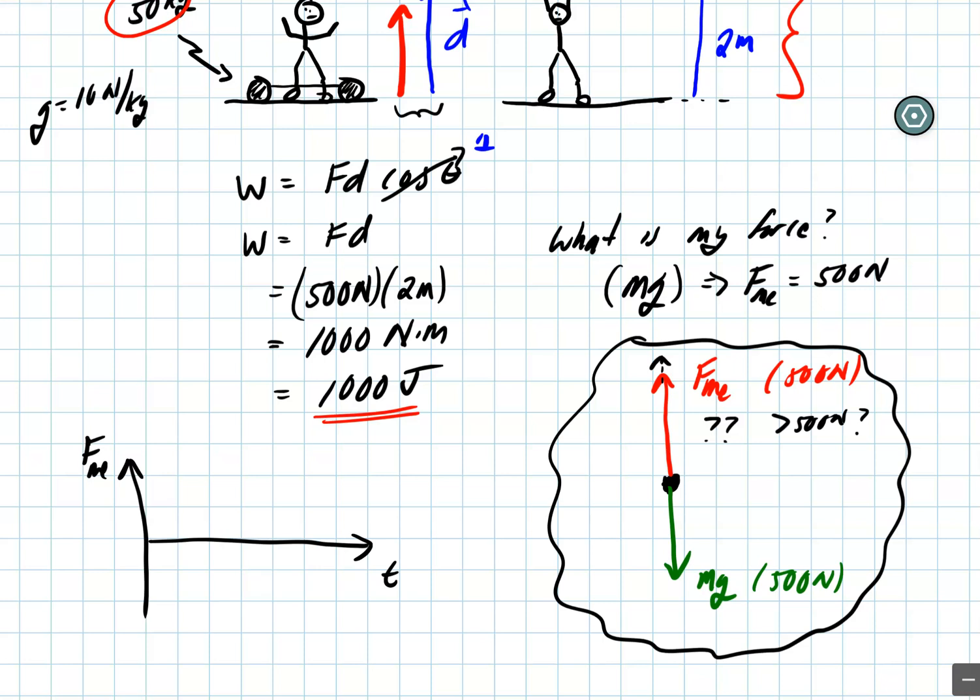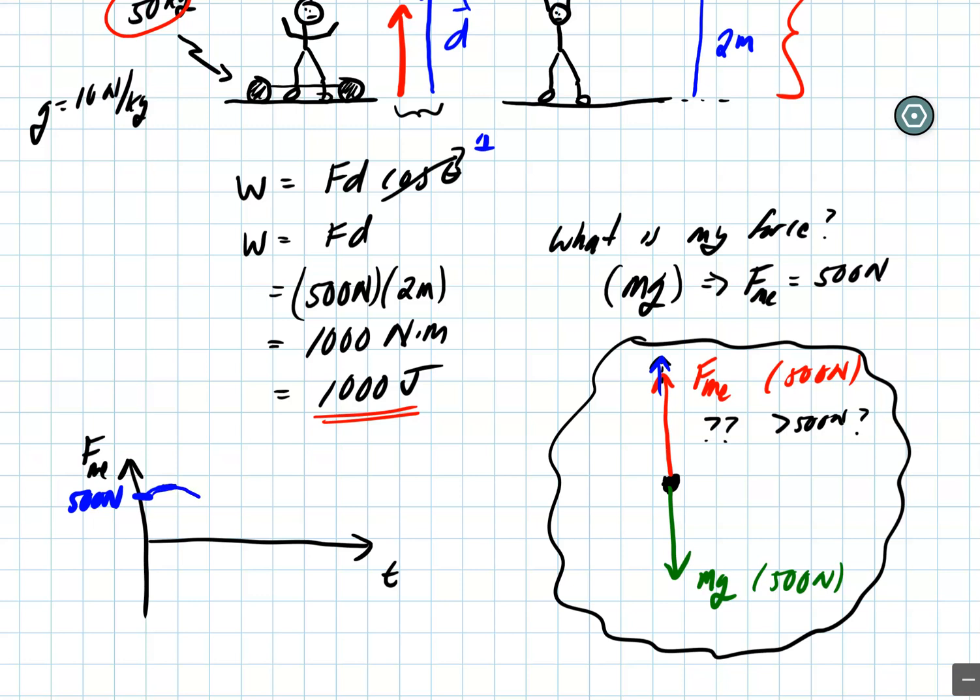And here is the 500 newton amount. And so at the very beginning, when you first start to grab it, you begin to pull, and you are going to have to pull up with a little bit more. And of course, we then realize, oh, it's going to accelerate.